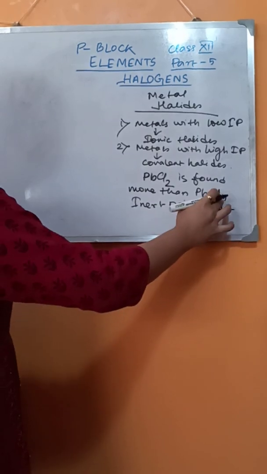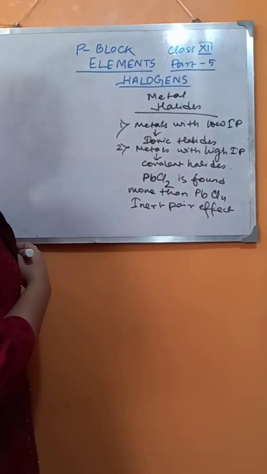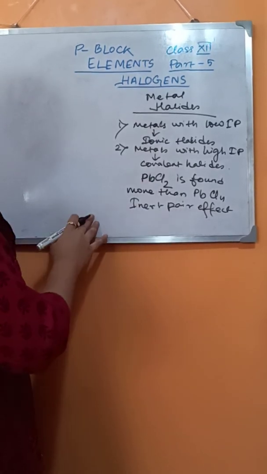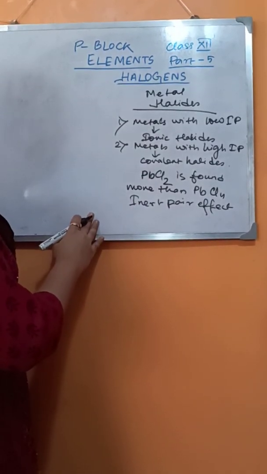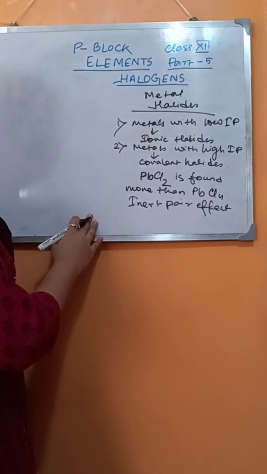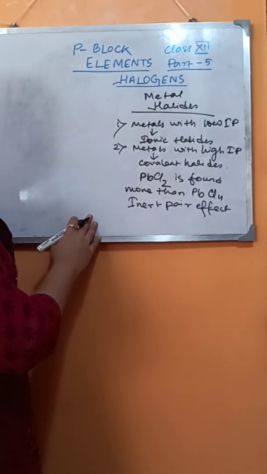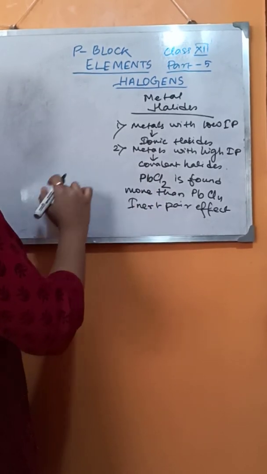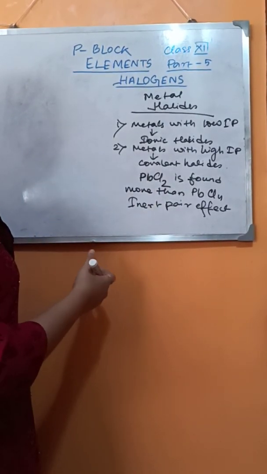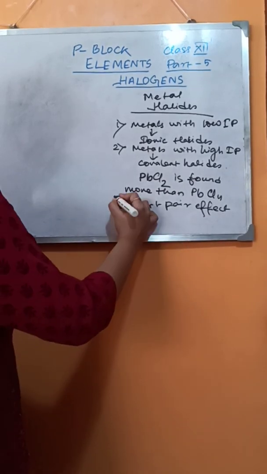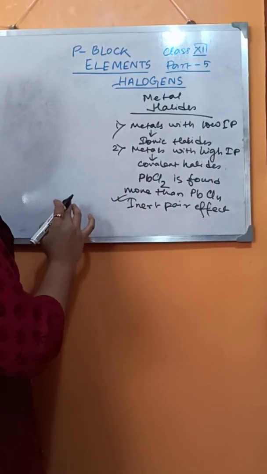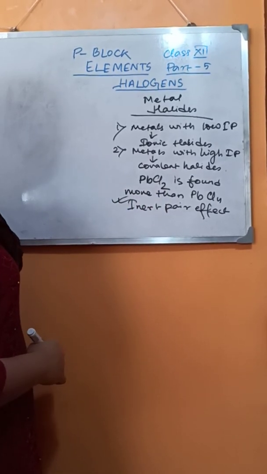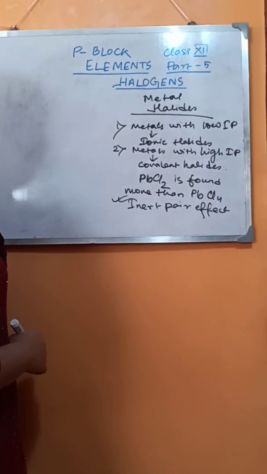So, the +4 oxidation state is not that stable as the +2 oxidation state, because for +2 oxidation state, the s orbital need not participate in bond formation or need not participate in the overlap. Okay, so PbCl2 is found much more than PbCl4 because of the inert pair effect, and inert pair effect means unwilling participation of the s orbitals in bonding or orbital overlap.